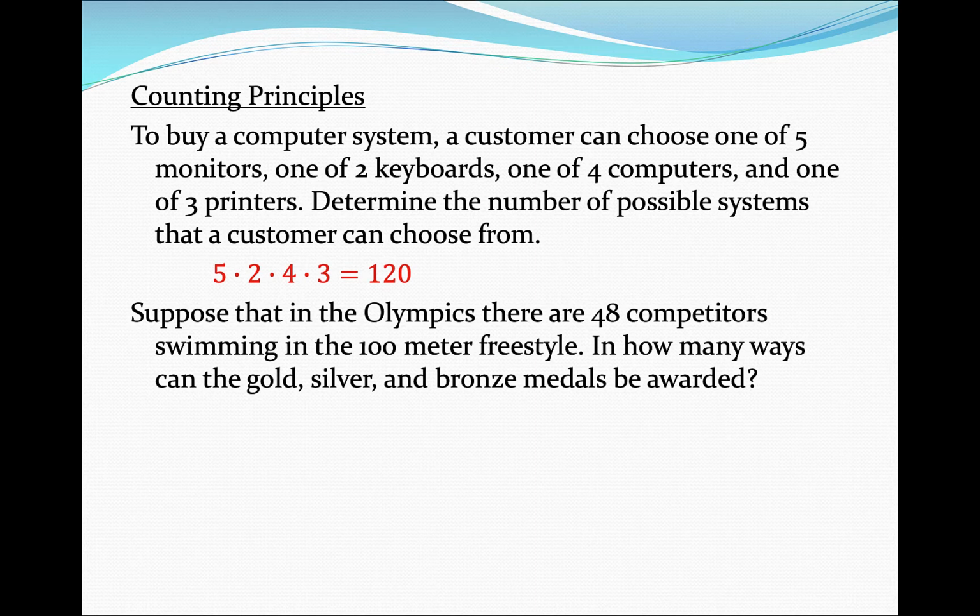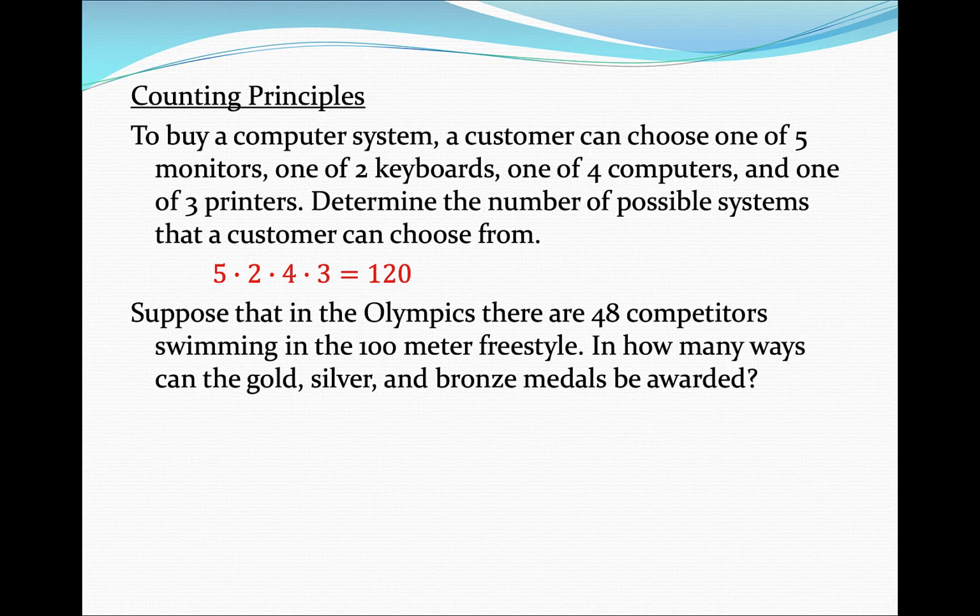The way you think about that is we're selecting 3 individuals here, right? We're going to select an individual to get the gold, an individual to get the silver, and an individual to get the bronze medal. And because of that, the order does matter. The reason is that person A getting the gold medal and person B getting the silver is a different outcome than person B getting the gold medal and person A getting the silver.